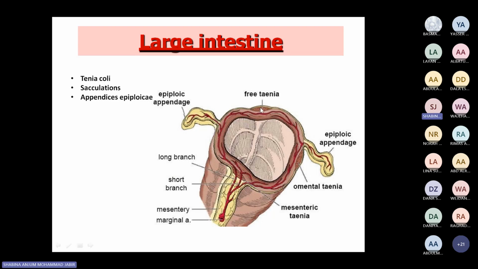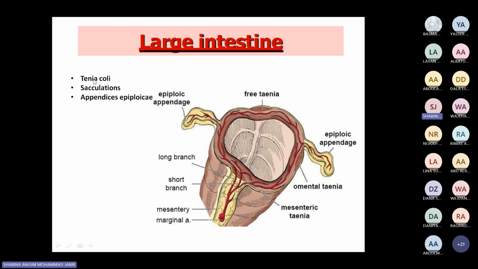Can you see this is one? This is one band, this is another band, and there will be a third band. These three bands of longitudinal muscles are called taenia coli.